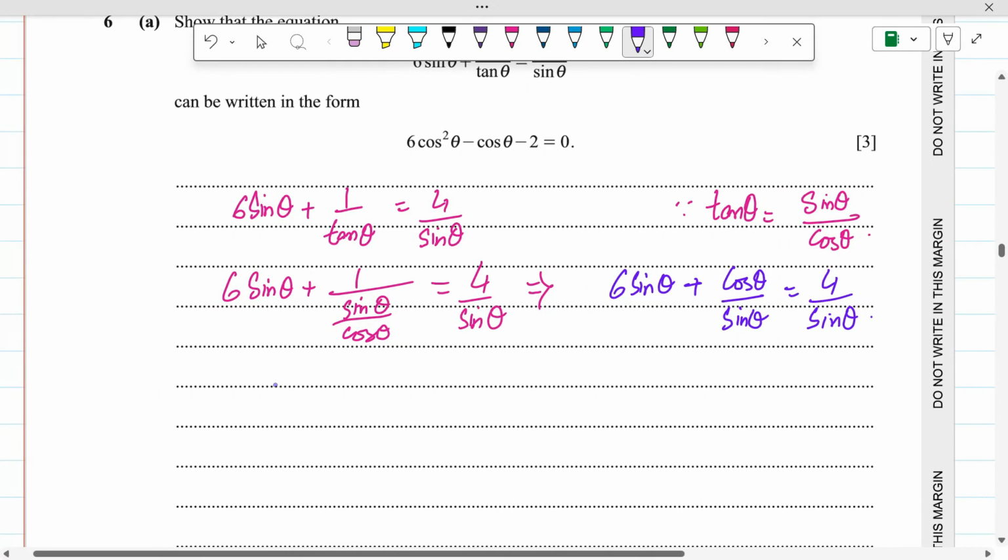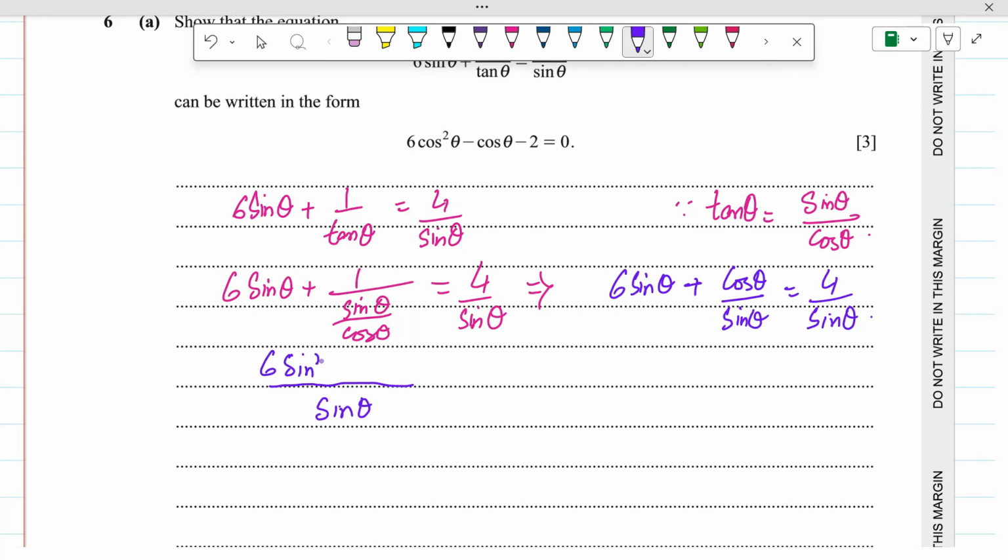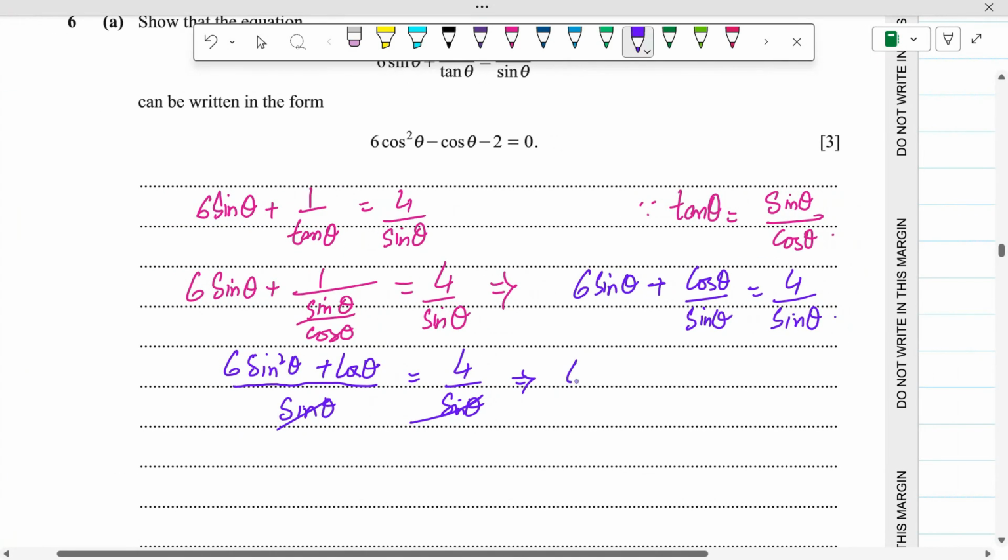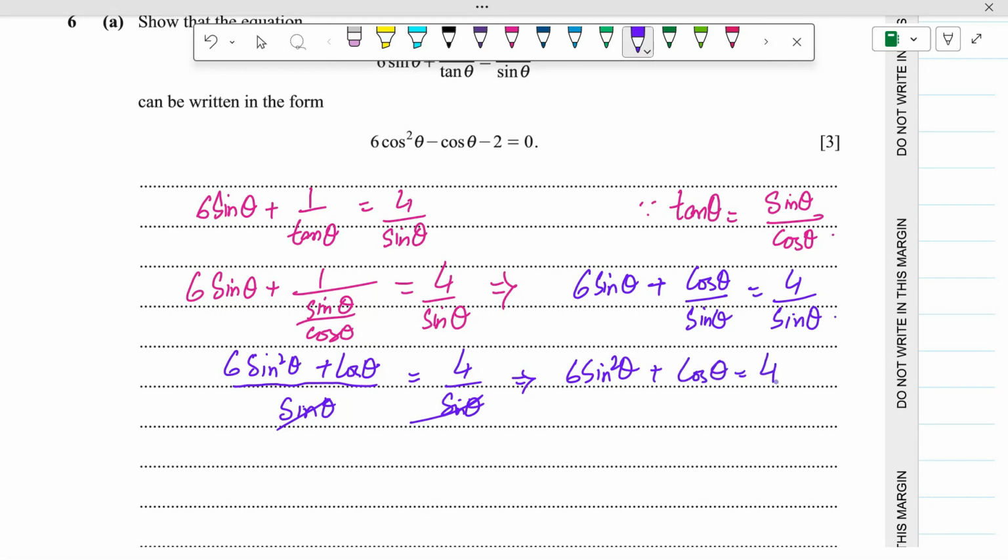Taking LCM on the left side, we will have 6 sine square of theta plus cos of theta over sine of theta equals 4 over sine of theta. So sine theta will be cancelled out, and we will have 6 sine square of theta plus cos of theta is equal to 4.